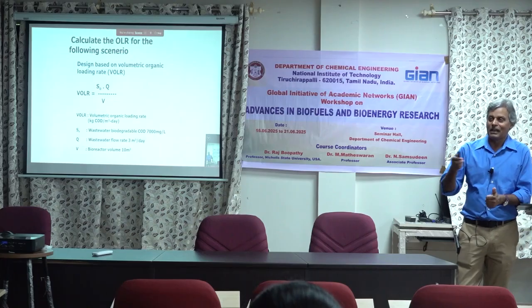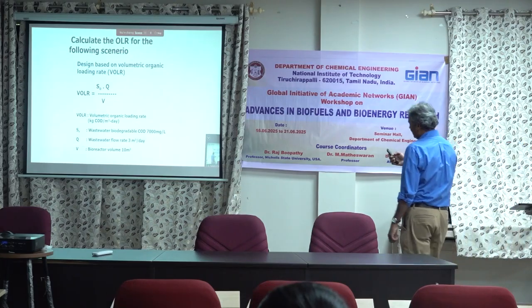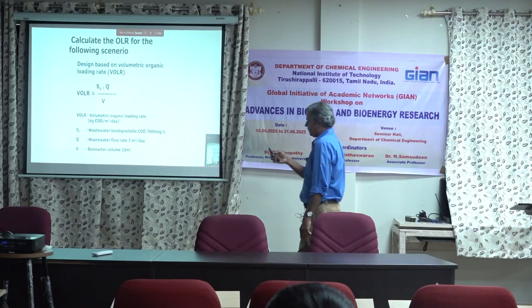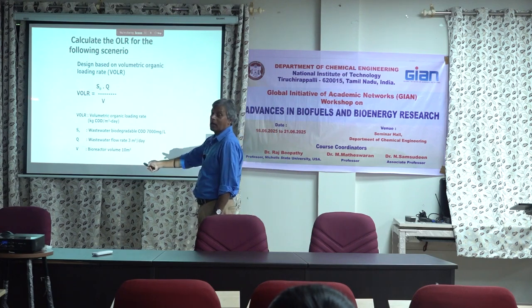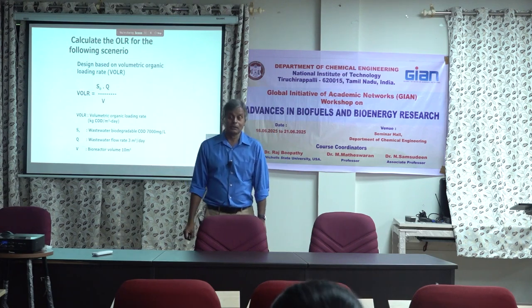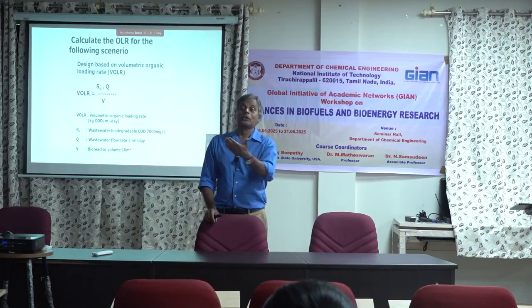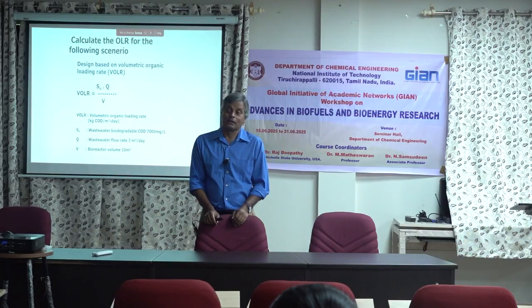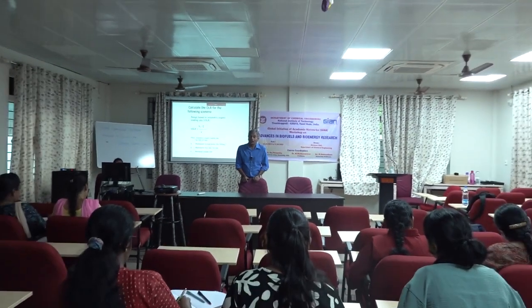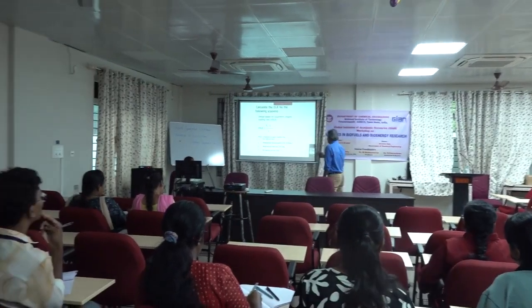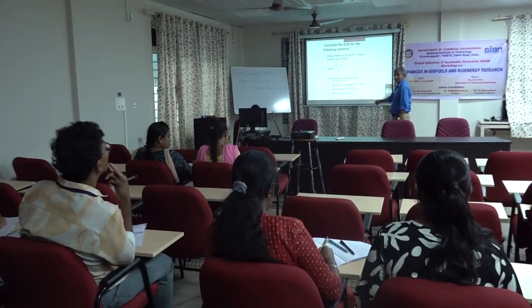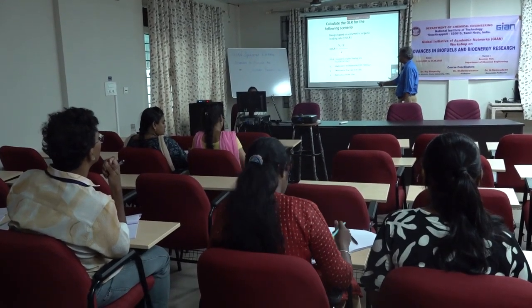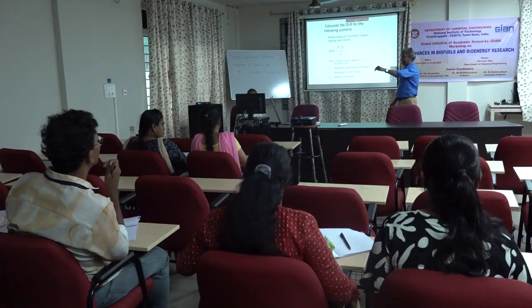You're lost? Yeah, I want you to calculate this volumetric organic loading, right? How much COD is going to go into your bioreactor? 7,000 milligram is the concentration of COD in your waste. Okay. Go back to the first slide.